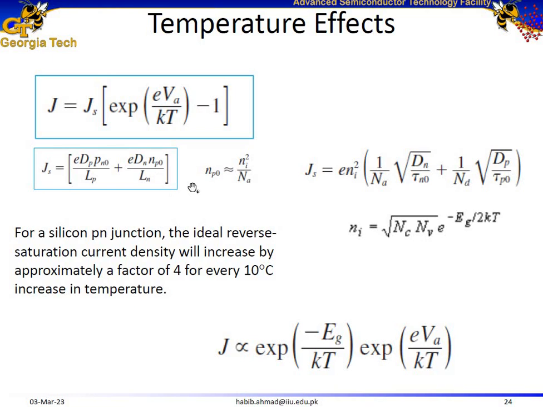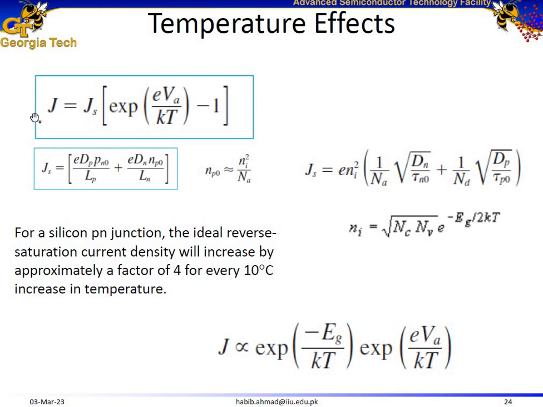Js is further equal to this, and np naught is equal to ni squared divided by Na, pn naught is equal to ni squared divided by Nd. So Js is a function of ni squared, and ni is further a function of the band gap of the semiconductor divided by 2kT, and it's also a function of temperature.